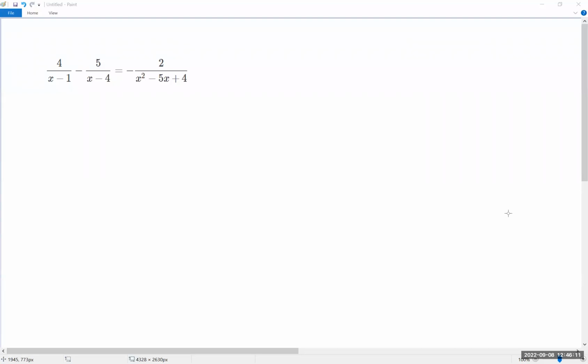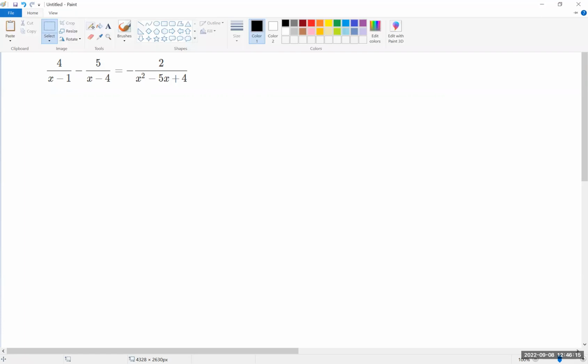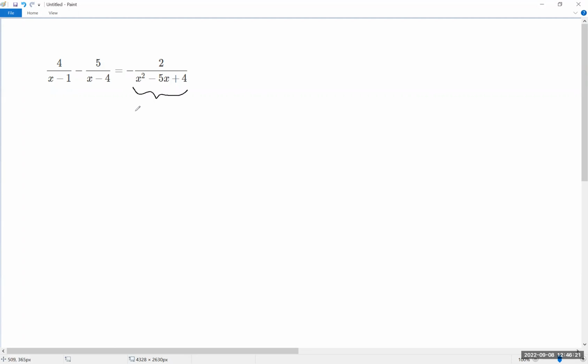Okay, let's go ahead and try this one. So what we need to do on this one is factor this thing. So this is going to be x minus 4, x minus 1. And I'm going to do it this way.